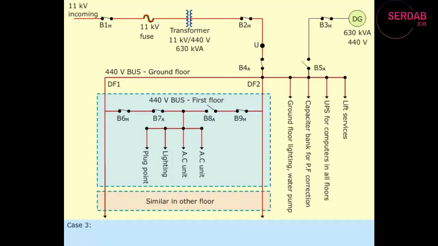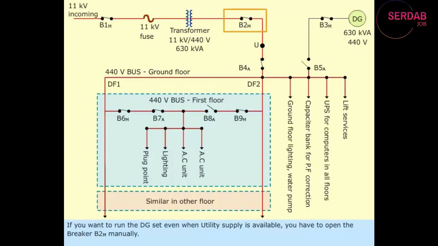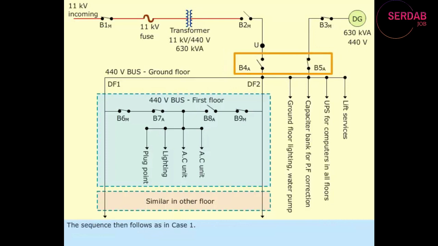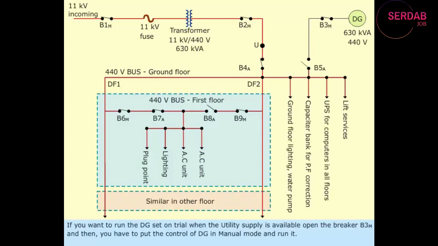Case 3. If you want to run the DG set even when utility supply is available, you have to open the breaker B2 sub M manually. The sequence then follows as in Case 1. Case 4. If you want to run the DG set on trial when the utility supply is available, open the breaker B3 sub M, and then you have to put the control of DG in manual mode and run it.